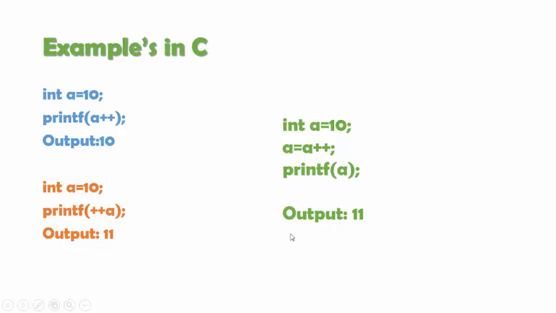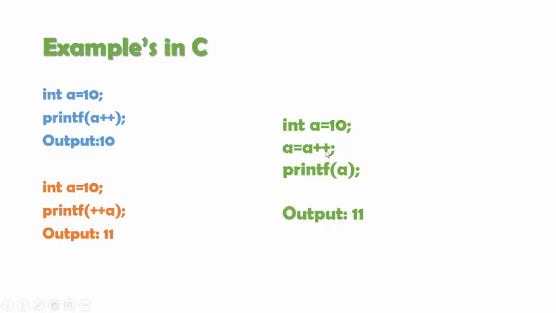Now this example makes the post-increment concept more clear. So a is equal to 10, whatever the value of a is, it is going to be assigned to this a, and this plus plus remains as it is, and is used when we use the value of a again next time.